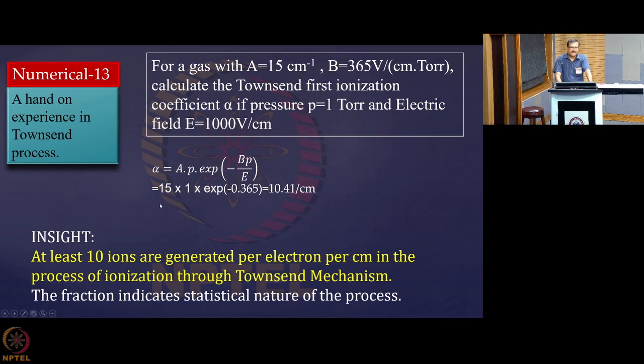So what do you finally get? 15 into 1 into exponential of this value, which gives 10.41 per centimeter. So we can say that at least 10 ions are generated per electron per centimeter in the process of ionization through the Townsend mechanism. Note the values for this problem: per centimeter you are getting some 10 ions per electron.